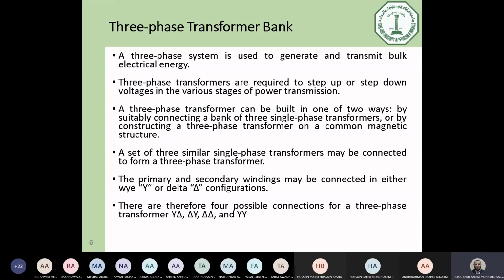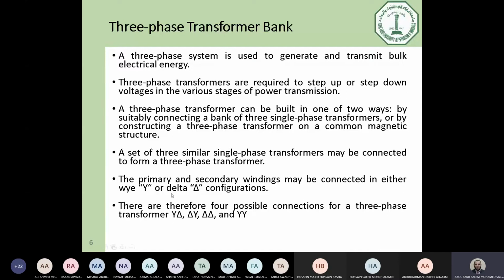So it's better to use three-phase in this case. So we prefer three-phase all of the time for the matter of high power. So for high power, three-phase is used in power generation, in power transmission, and distribution. And similarly, the transformer which is used should also be a three-phase transformer.